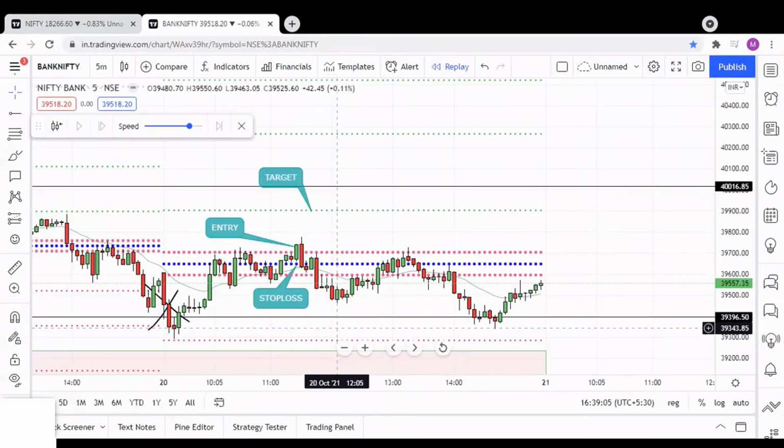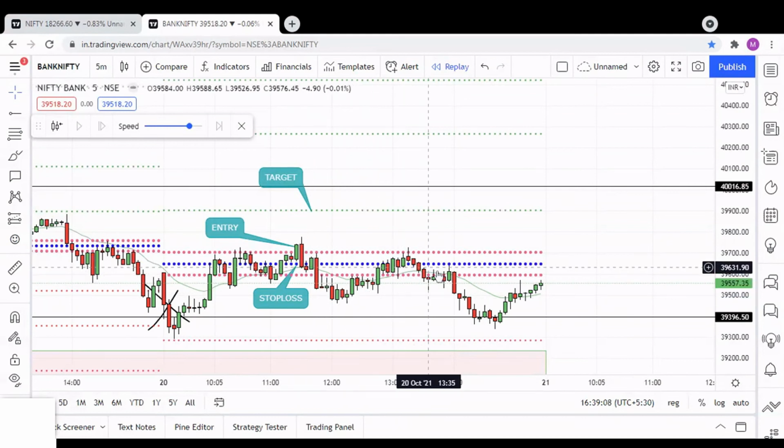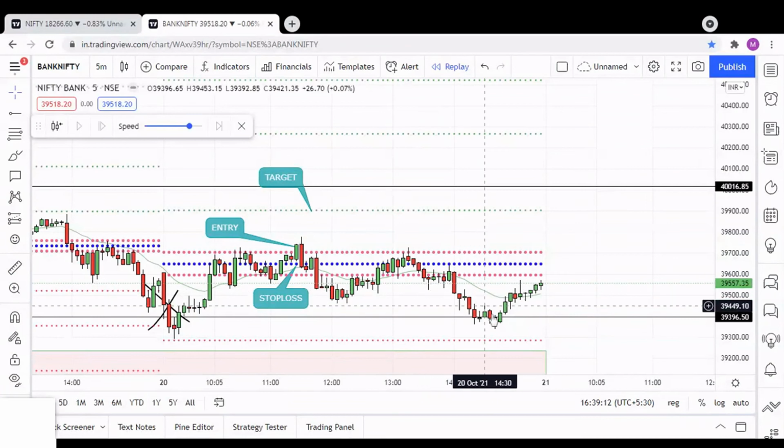Looking for the next entry, market almost consolidated for many hours and came down after 2 p.m. and almost touched the low of the day and reversed from there.